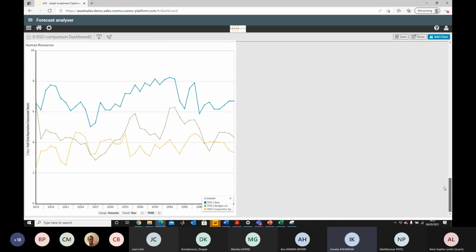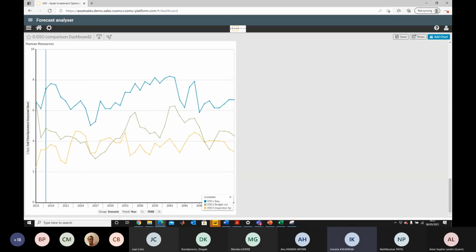And finally, we look at the last graph here, which is the human resources, and this gives us an idea of how many full-time employees are required to carry out the necessary maintenance operations. So these are the results of the scenarios.